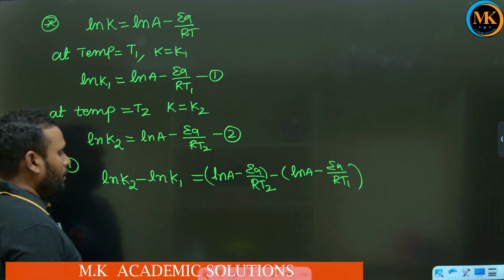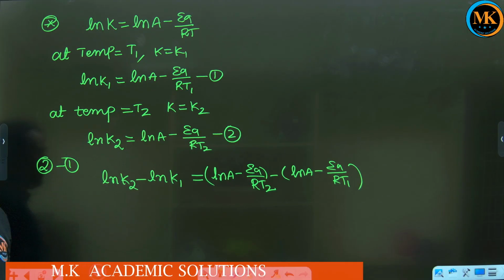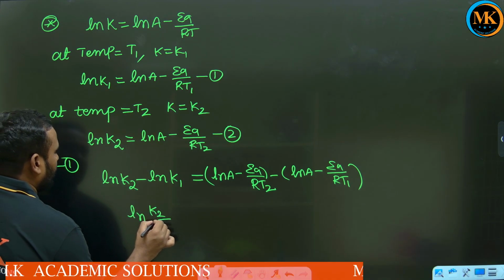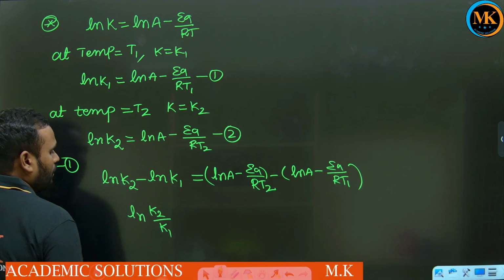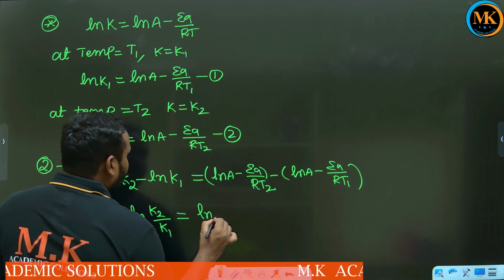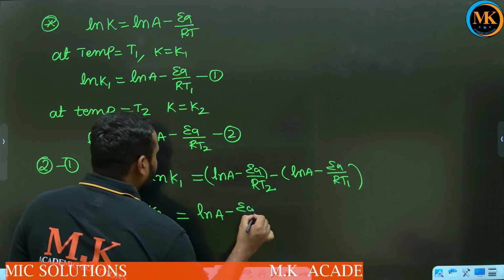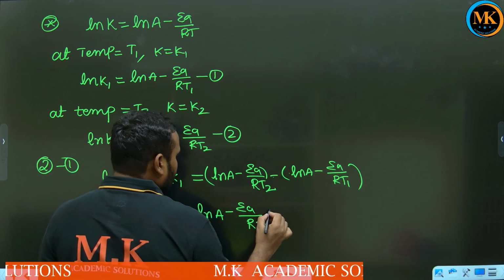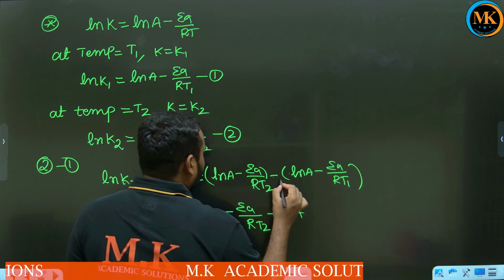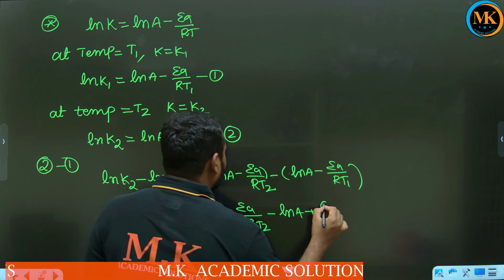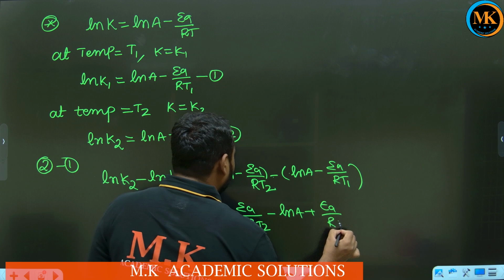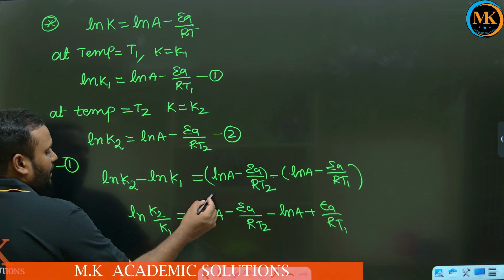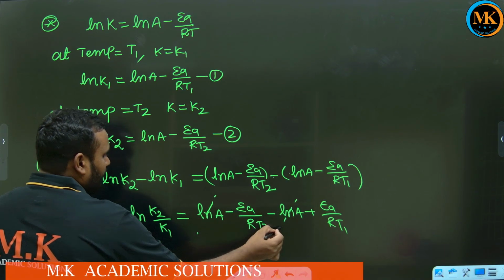So now here ln K2 minus ln K1 will become what, children? ln K2 by K1 equals ln A minus EA by RT2, so minus into plus minus ln A, minus into minus plus EA by RT1. Now plus ln A minus ln A will get cancelled out.